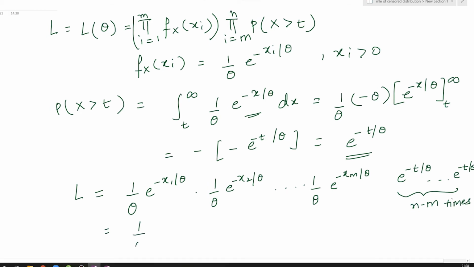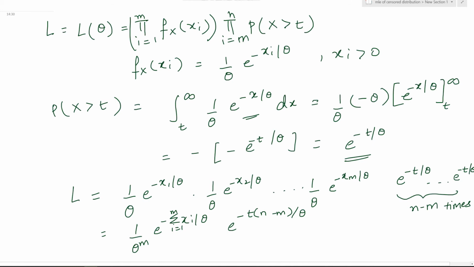Now this can also be written as 1 by theta raised to the power m, since we are multiplying it m times, then e to the power minus summation of xi by theta, where i goes from 1 till m, and then we have e to the power minus t into n minus m by theta.